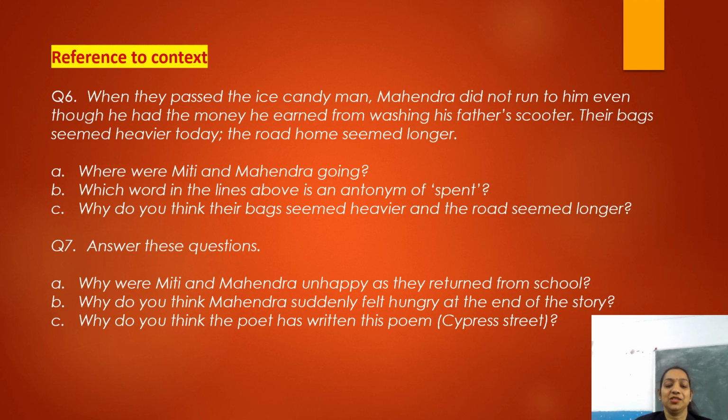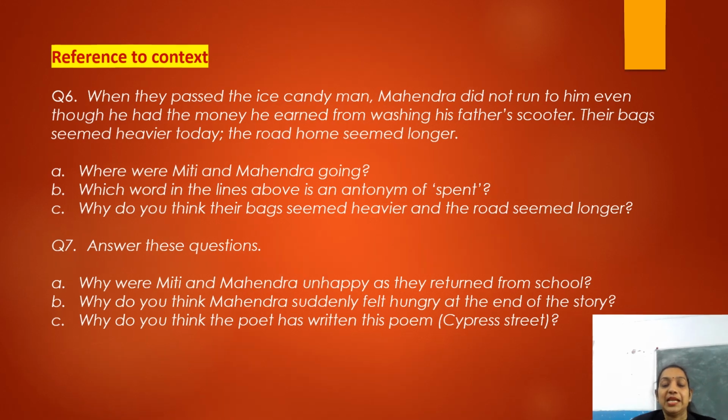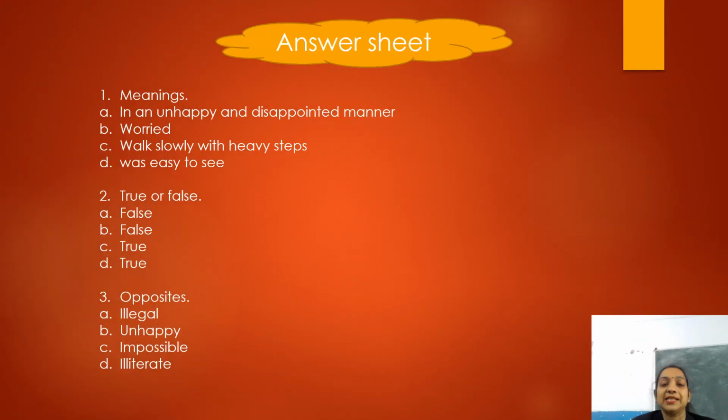Okay? So children, do this worksheet on your own, and after solving this worksheet, you can check your answers which I have already given in this video. The answer sheet is attached. Let us see the answer sheet. See, here is the answer sheet, but first you have to solve the worksheet on your own very honestly. Okay? And after that you can tally your answers from here.